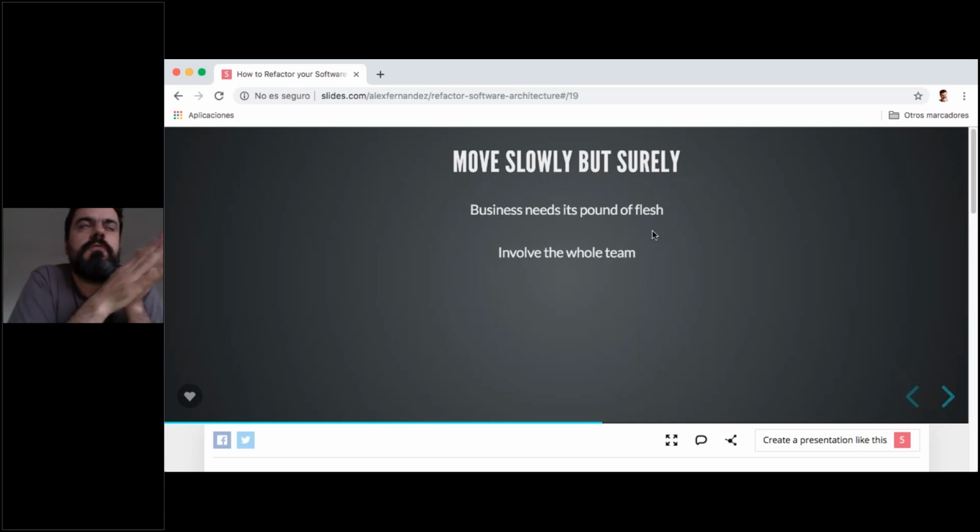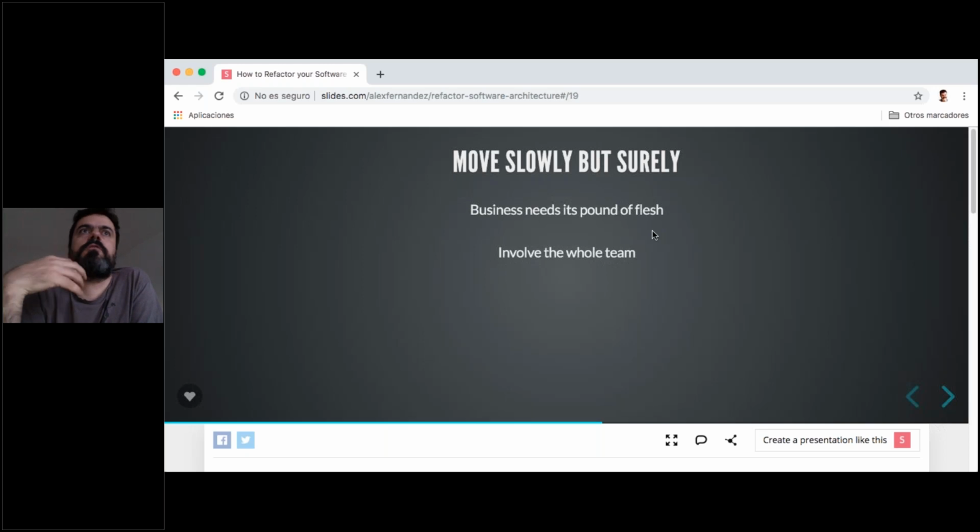Also, it's not good if you come as a divine architect and say, okay, I see it now, I see where we are going, we have to go there, and just tell the team what they have to do to get there. First, probably they have very good ideas too, so if you ask them, they know that there are pain points and they know what takes them time to do, so involving them is going to make you also learn a lot about the system.